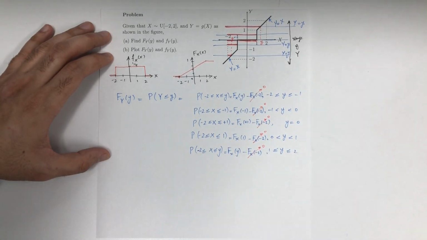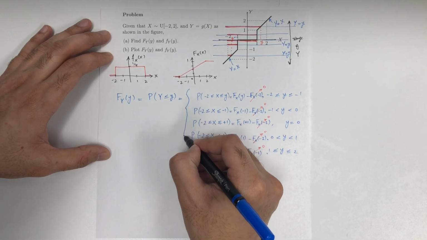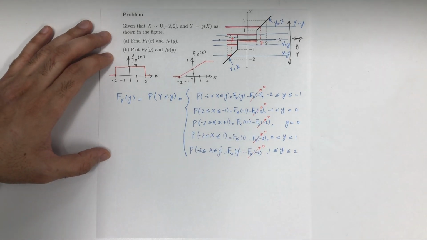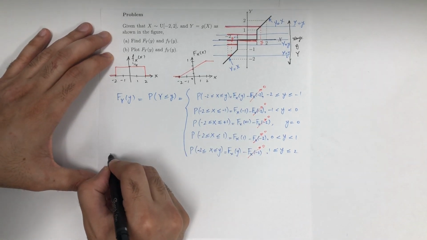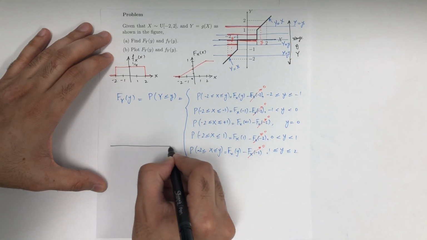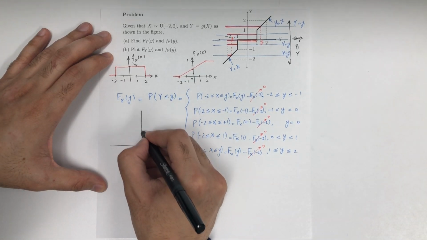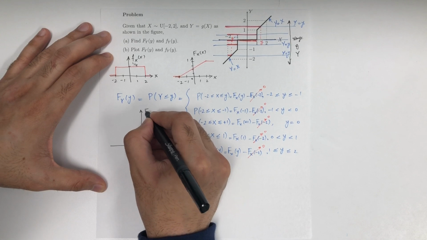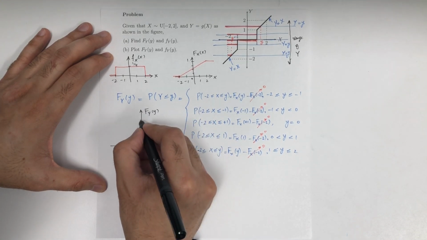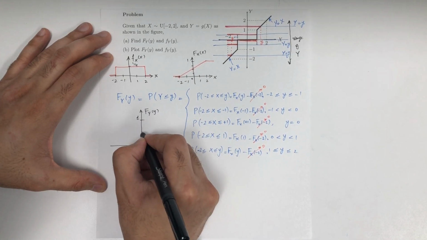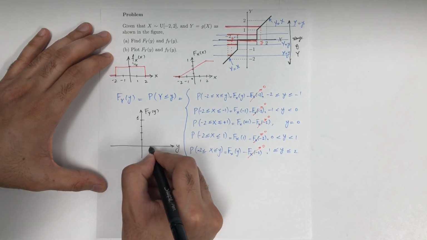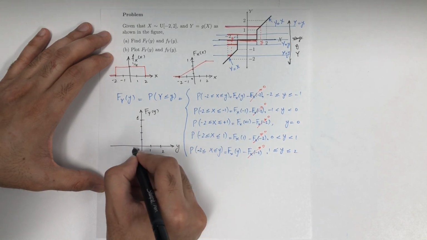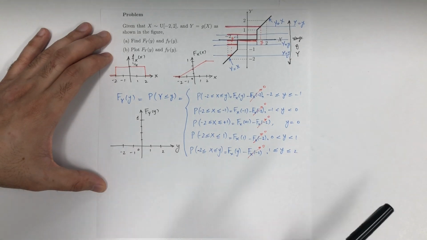Right, so now we have obtained this distribution function for y. And if we want to sketch this, it will look something like this. So this is y. This is big Fy of y. This is 0, 1, 2, -1, -2.